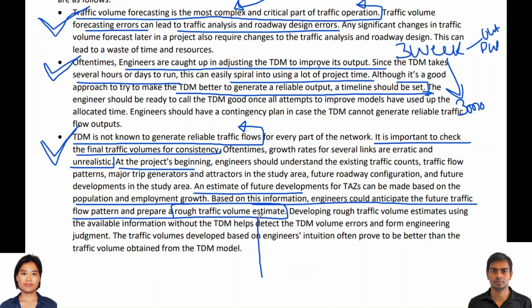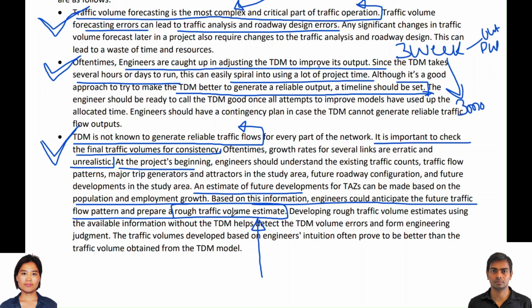This helps me later on when the TDM outputs are sometimes good, sometimes not good.